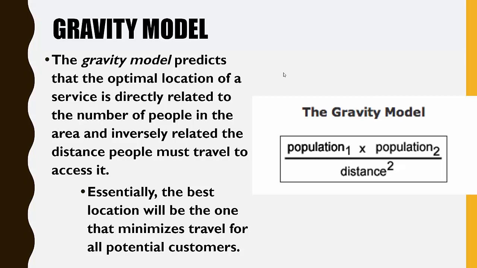Smaller places that are further apart tend to have less connection. And if we're talking about two large cities, and we're deciding which one to go to, and they're equally sized, then we're going to choose the one that is closer to us according to the gravity model. These are the rules of the gravity model.